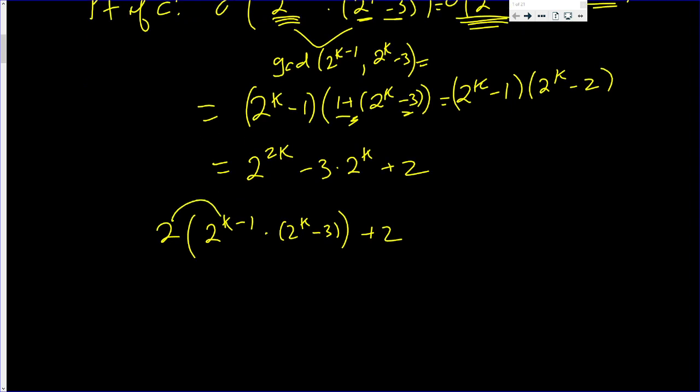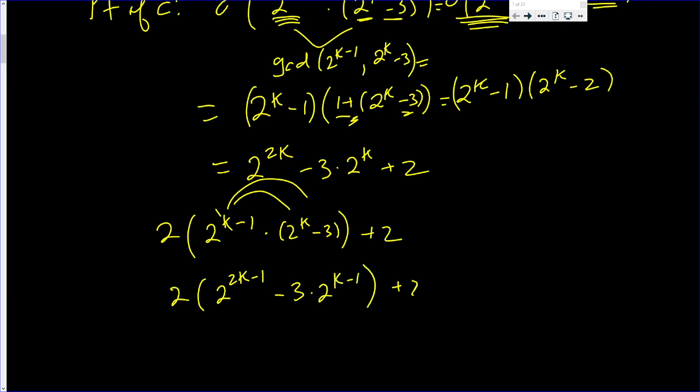Well, distributing, that's 2 to the k. Actually, let me multiply what's in the brackets first. This is 2 times 2 to the 2k minus 1 minus 3 times 2 to the k minus 1 plus 2.